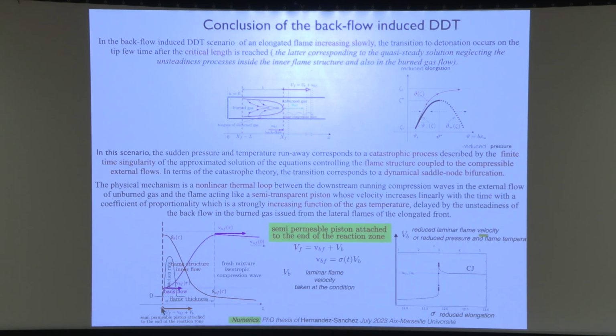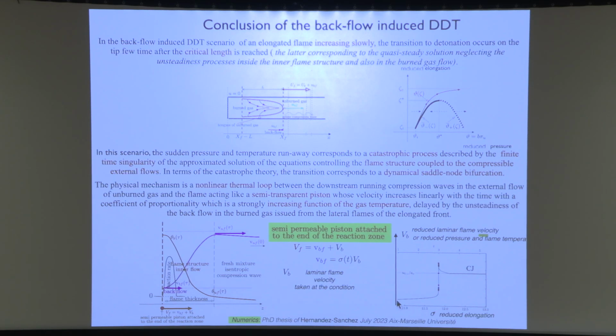He assumed that at the exit of the reaction rate, there is a backflow, and this backflow follows the law that I have given, that is proportional to the elongation time, the laminar time, the phase speed. This is a loop problem again, okay? And then he looked at what the solution is going to be. So here is the result.